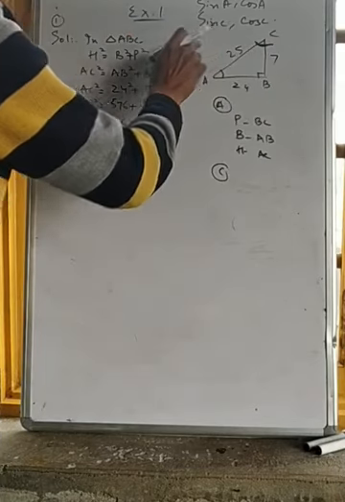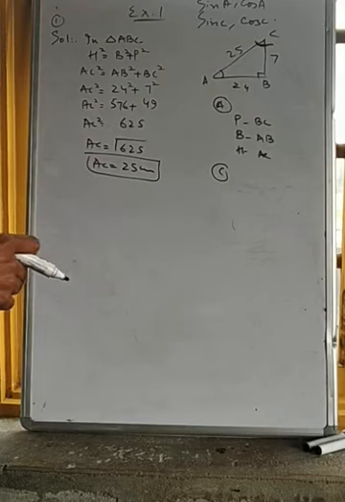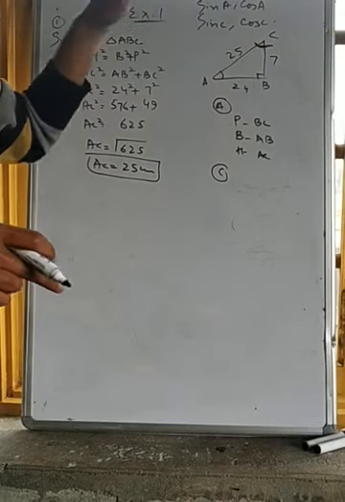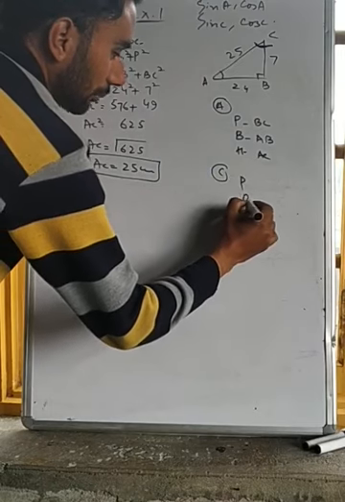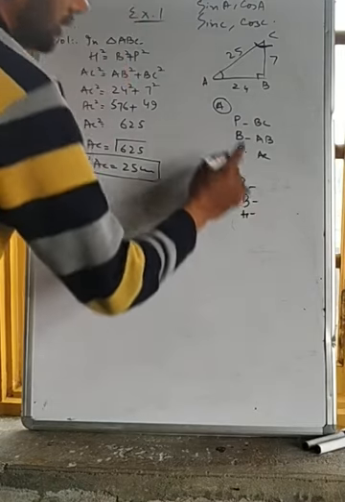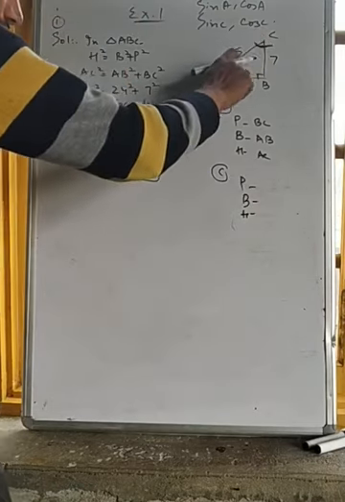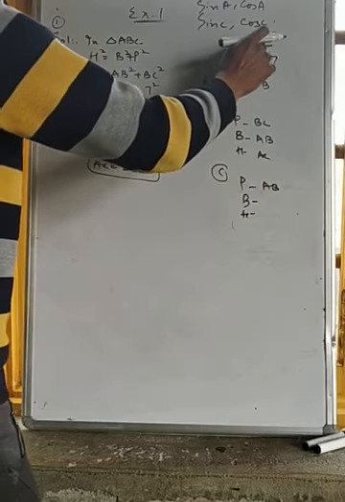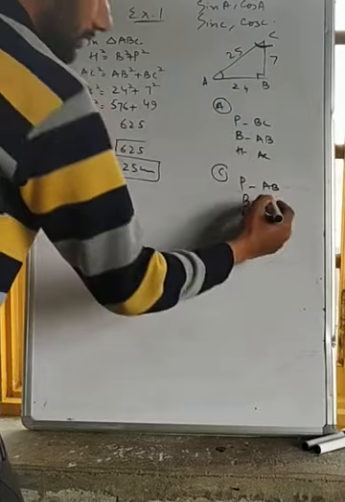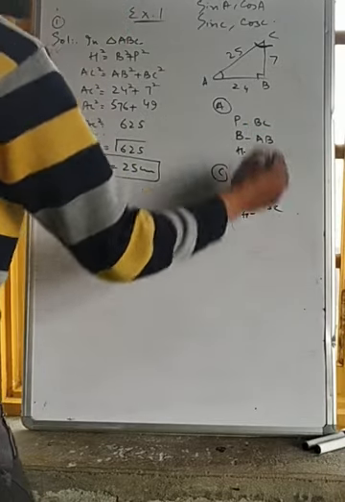Let's talk about angle C, because we are asked to find sine C and cos C. For angle C, we keep it updated for all its three sides. For C, its opposite side is AB, so perpendicular is AB. Its adjacent side is BC, so base will be BC and hypotenuse is AC.